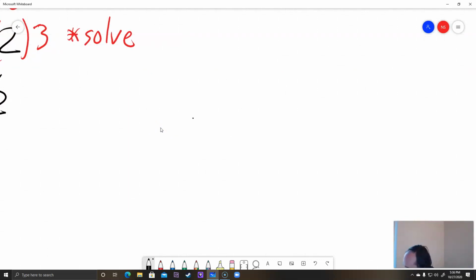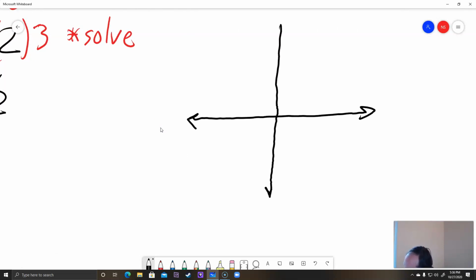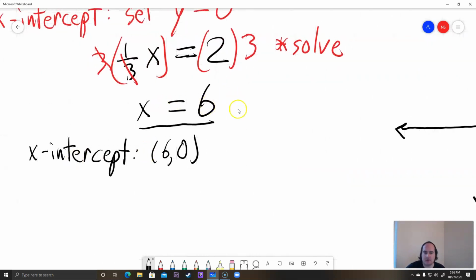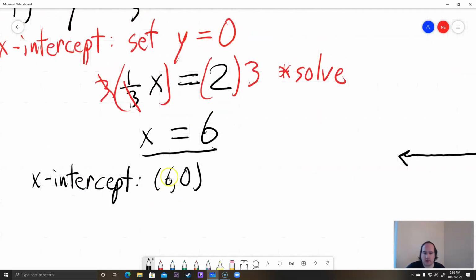So let me go ahead and get started on our graph here. So we're going to be drawing our Cartesian coordinate system, or rectangular coordinate system. And what we've found so far is the x-intercept, where x equals 6 and y equals 0. So that's the point 6, 0. That's x, y. So we're going to go ahead and plot that point.